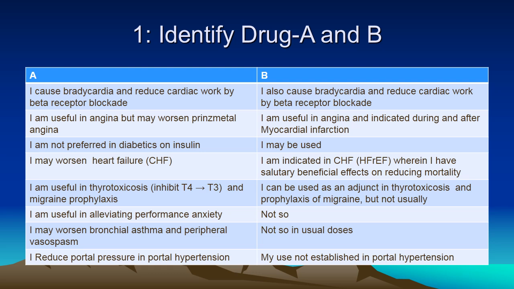A drug worsens bronchial asthma and peripheral vasospasm, particularly in the elderly. It is not so in usual doses with the use of B drug. A drug reduces portal pressure in portal hypertension. B drug is not well established in this.